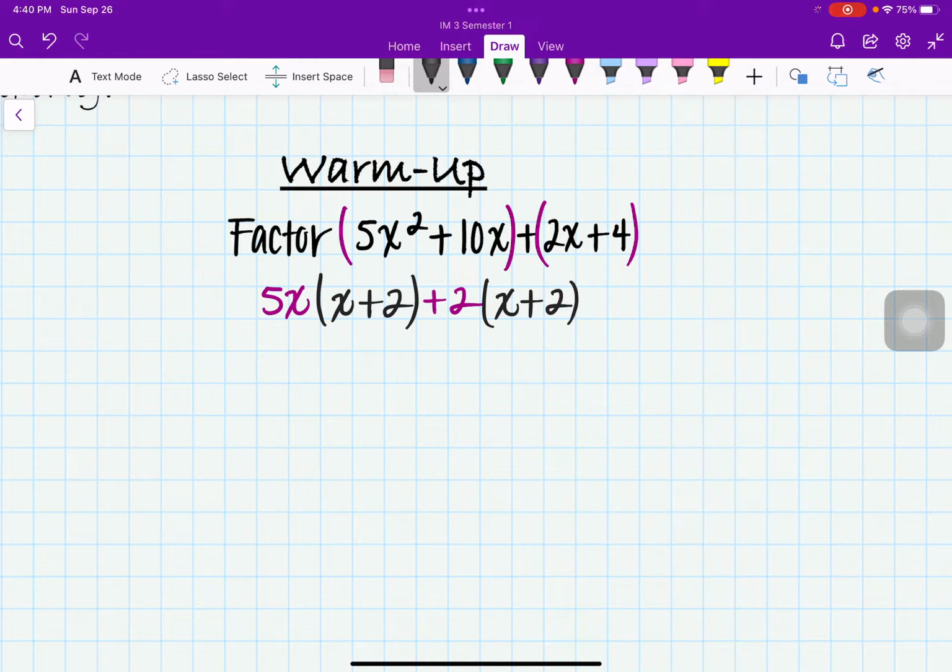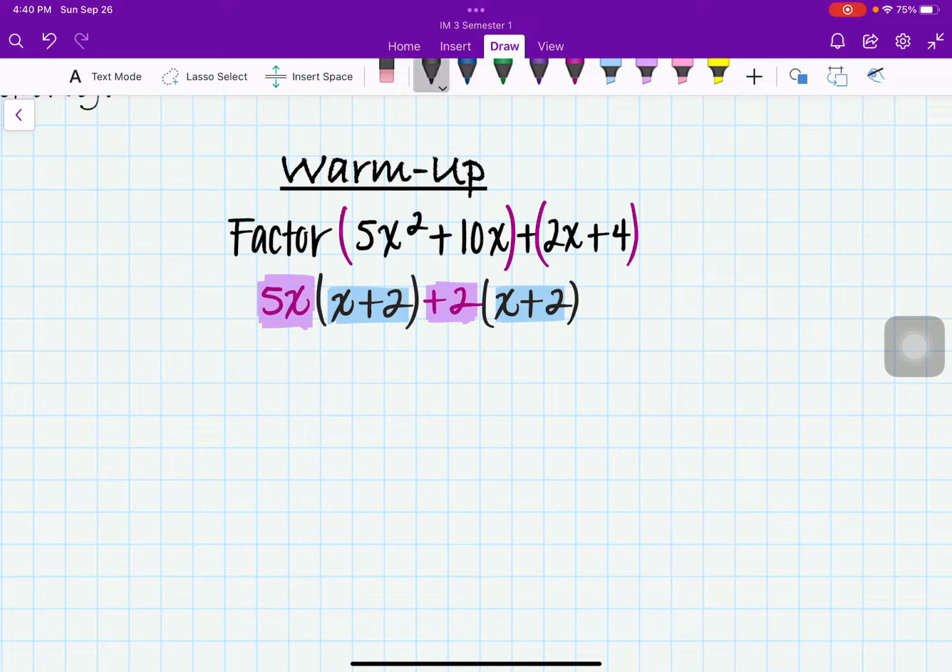So this is our first factor. Now, from here, we want to factor one more time, and we have to see what they have in common. If we take a close look, they have in common the x plus 2. So we're going to factor out the x plus 2, and whatever was left, the GCF from each of those, is going to form another binomial.